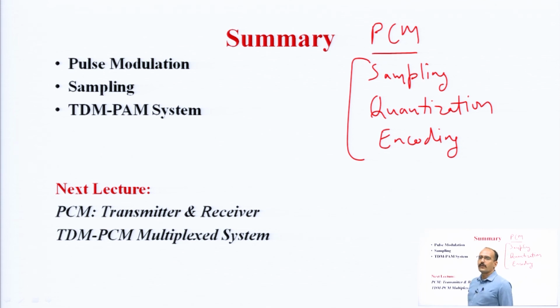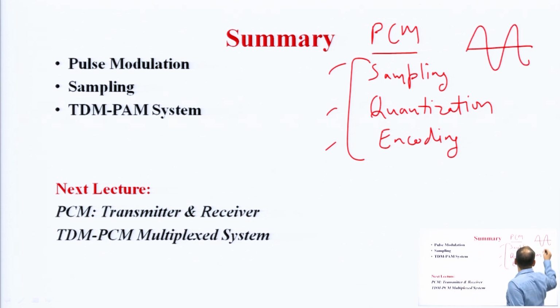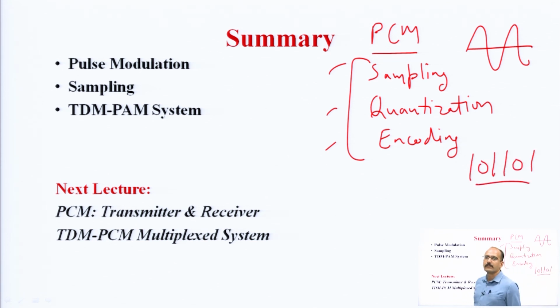Whenever you want to perform pulse code modulation, you have to follow these three steps, because they convert the analog signal into binary digits.